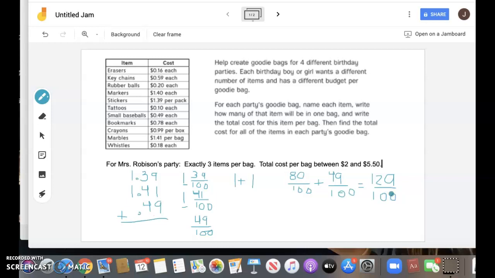So I need to change that to a mixed number. So I think to myself, how many times can 100 go into 129? I know that it can go in 1 whole time, and then I'll have 29 100ths left over. But now I still need to add in these 2 wholes that I had from over here, right? So 1 whole and 29 100ths.